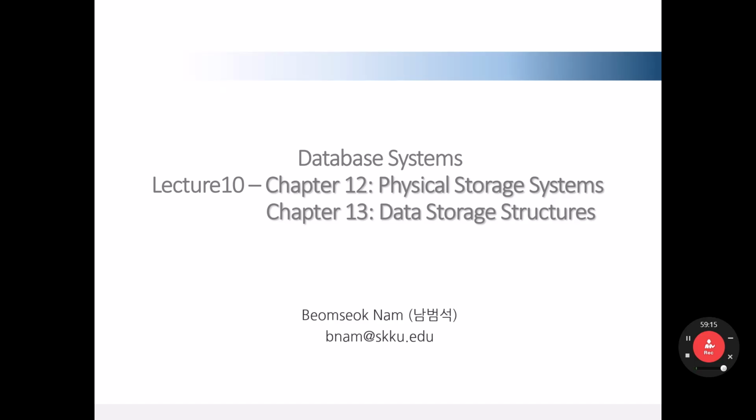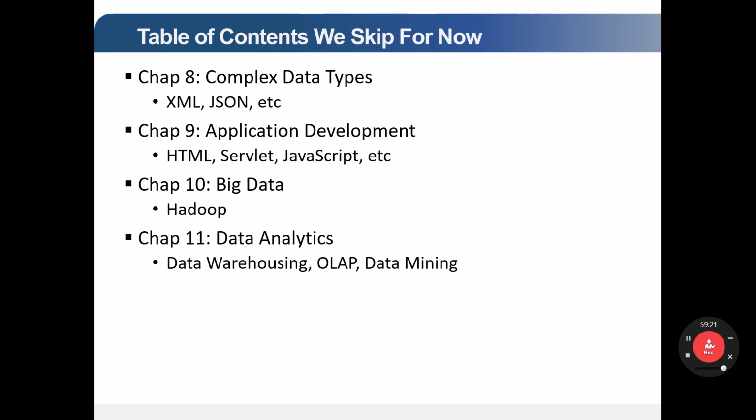All right. So the next lecture will cover chapter 12 and chapter 13. Normalization theory is chapter 7, and we will skip chapters 8, 9, 10, and 11 for now. Chapter 8 is about semi-structured data formats like JSON and XML, and they are very trivial.